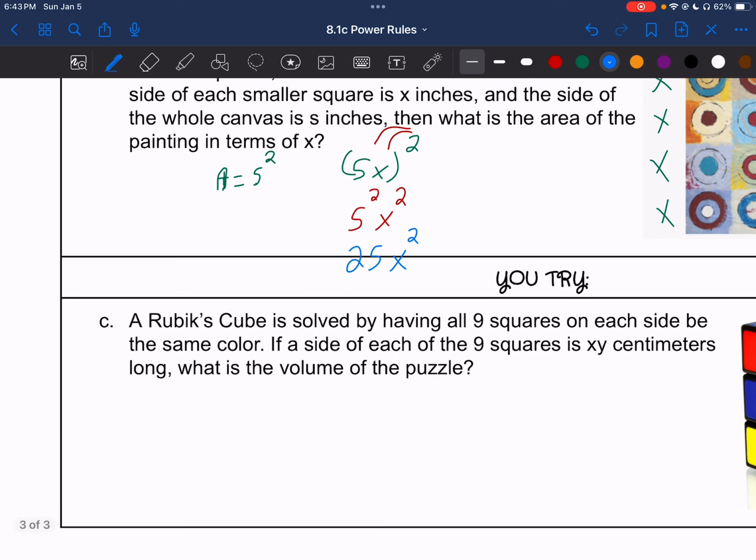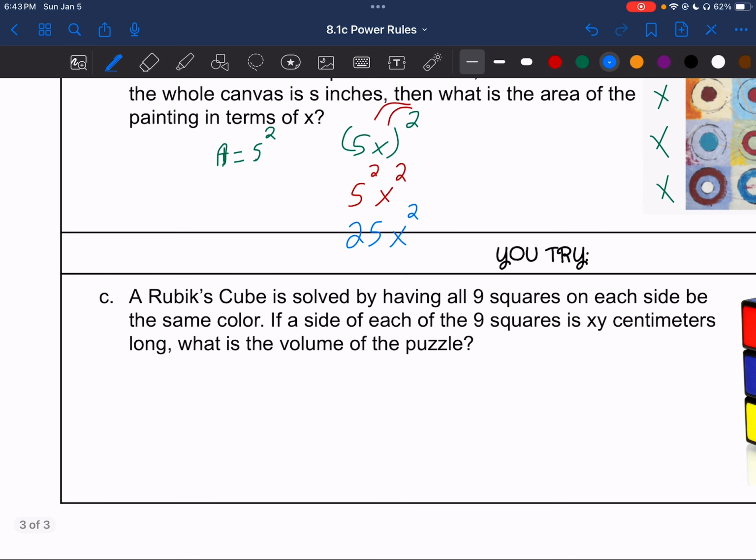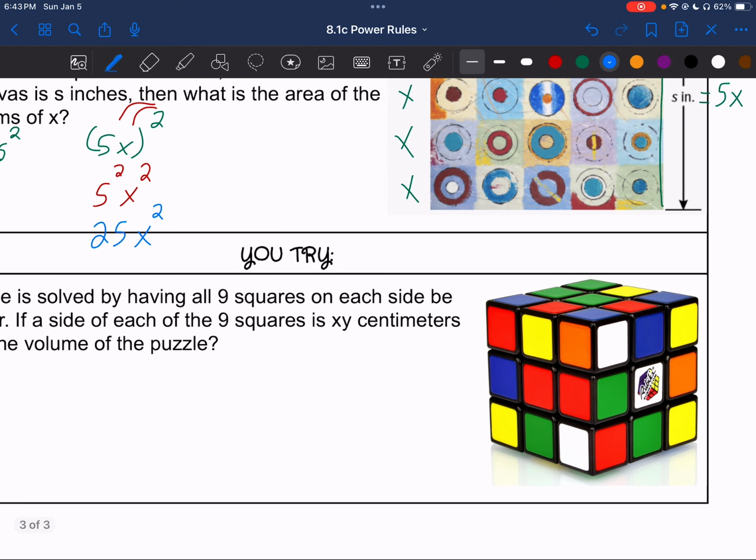All right, our Try problem. A Rubik's Cube is solved by having all 9 squares on each side be the same color. If a side of each of the 9 squares is xy centimeters long, what is the volume of the puzzle? So let's look at our example here.